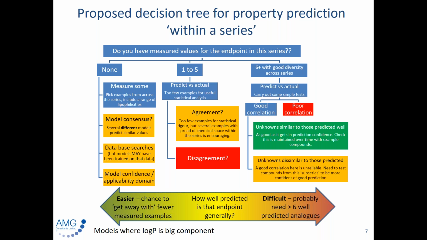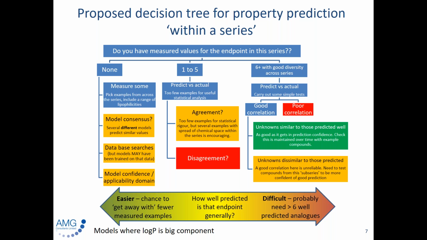You can carry out some simple statistical tests to look at that, and if you've got a good correlation and your unknowns are relatively similar in structure to those that are predicted well, then great, you're in a reasonably confident area where you should be able to apply models. Of course, that's not always the case.